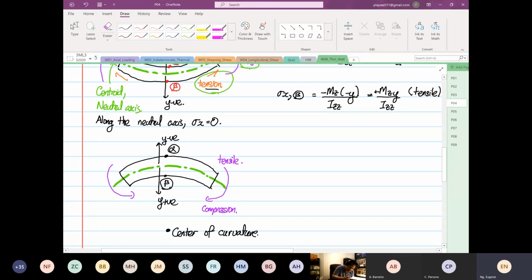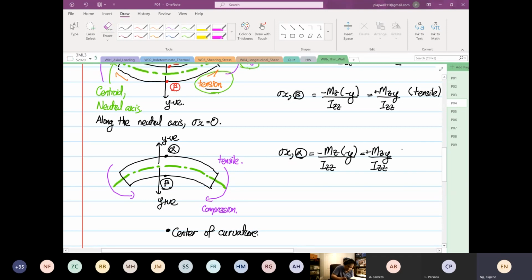So for this case, stress x at alpha is equal to minus Mz y over Izz. Now at alpha, y is negative, so this becomes positive Mz y over Izz.